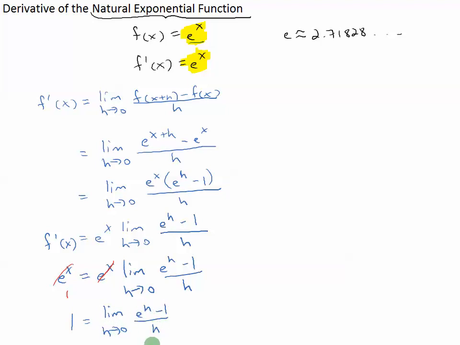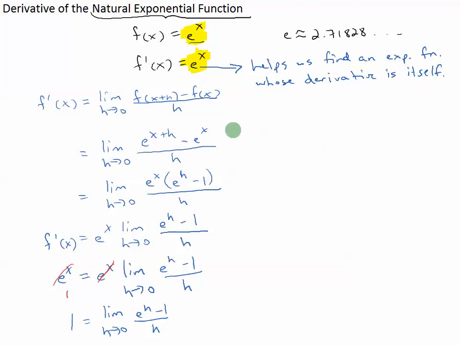So e comes about by trying to find a function, and we'll say specifically an exponential function, whose derivative is itself. Okay?